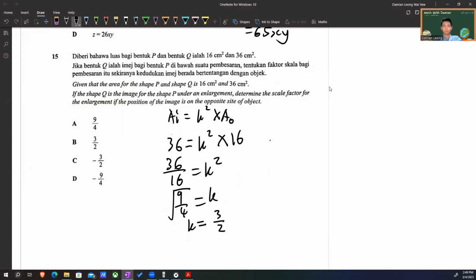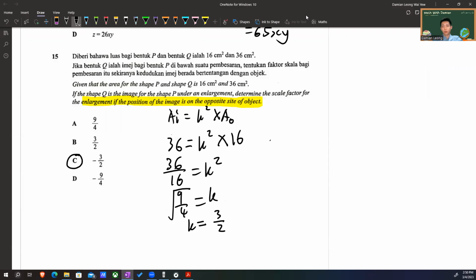And look at this sentence. If the position of the image is on the opposite side of the object, that means it is a negative scale factor. So it's negative 3 over 2, not positive 3 over 2.